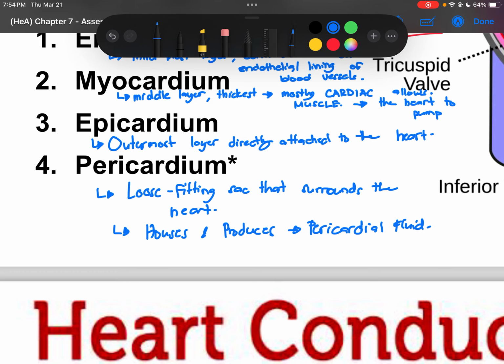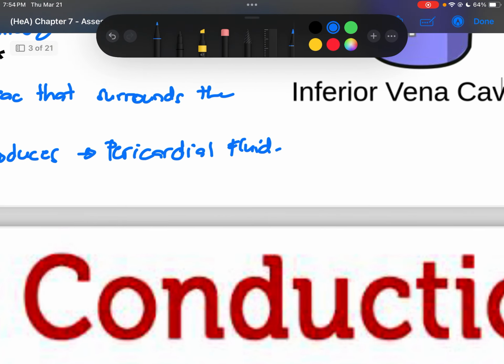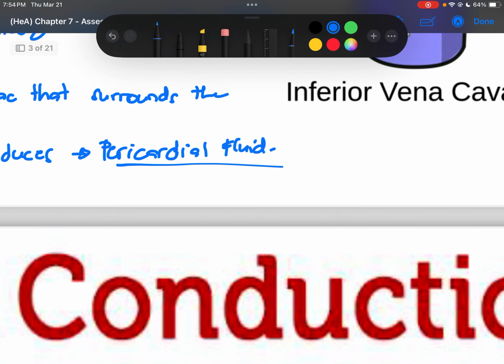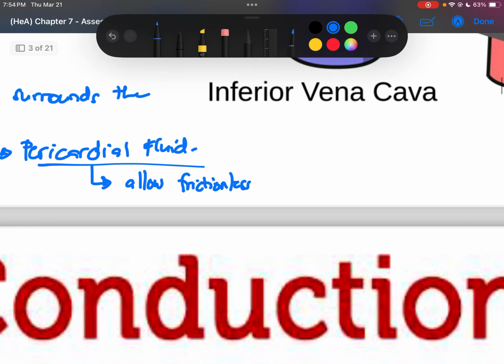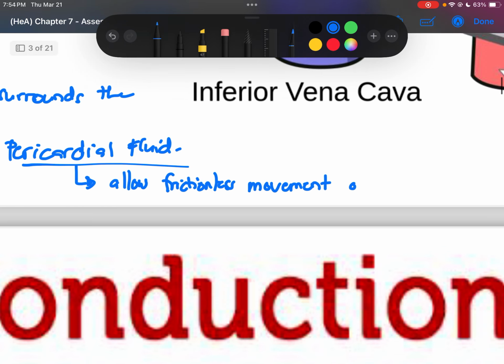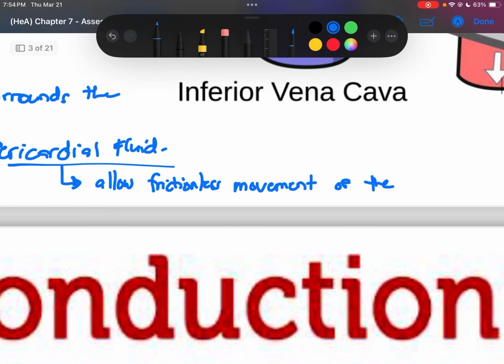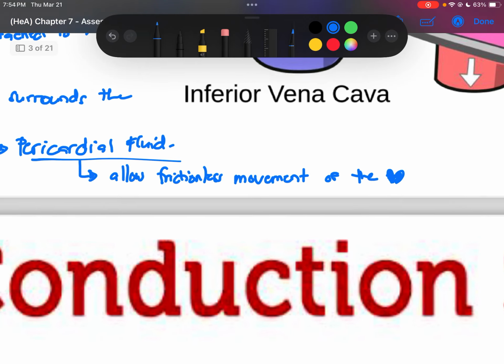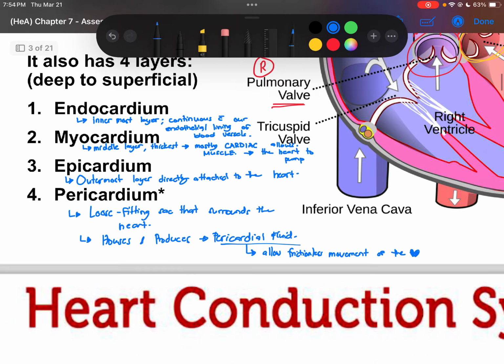Pericardial fluid, if you do not remember from your anatomy and physiology, this will allow frictionless movement of the heart so that there is no pain.